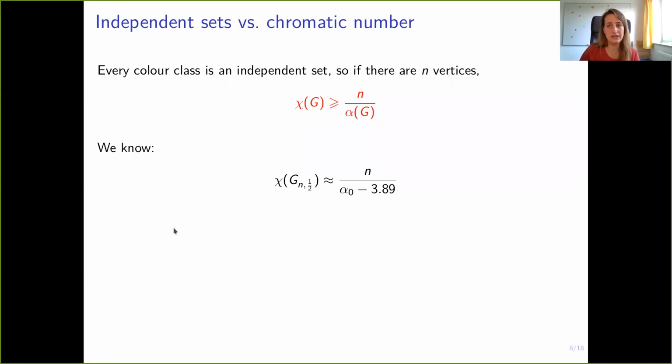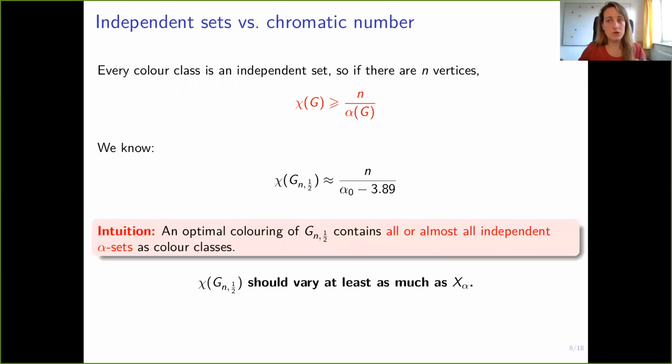Every color class has size at most alpha, so we can color G(n, 1/2) so that the average color class size is only a constant away from the maximum any color class may possibly be. And even more, it's very plausible that an optimal coloring of G(n, 1/2) contains all or almost all independent alpha sets.